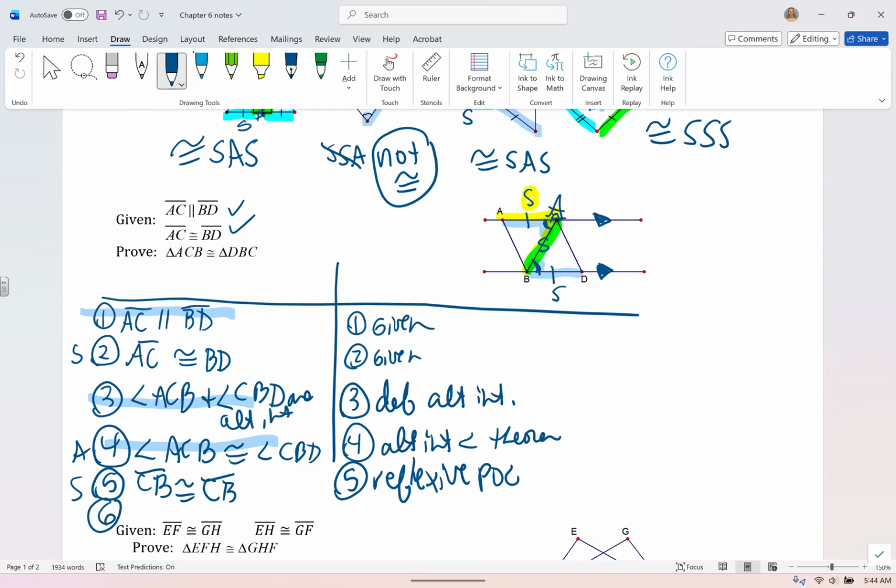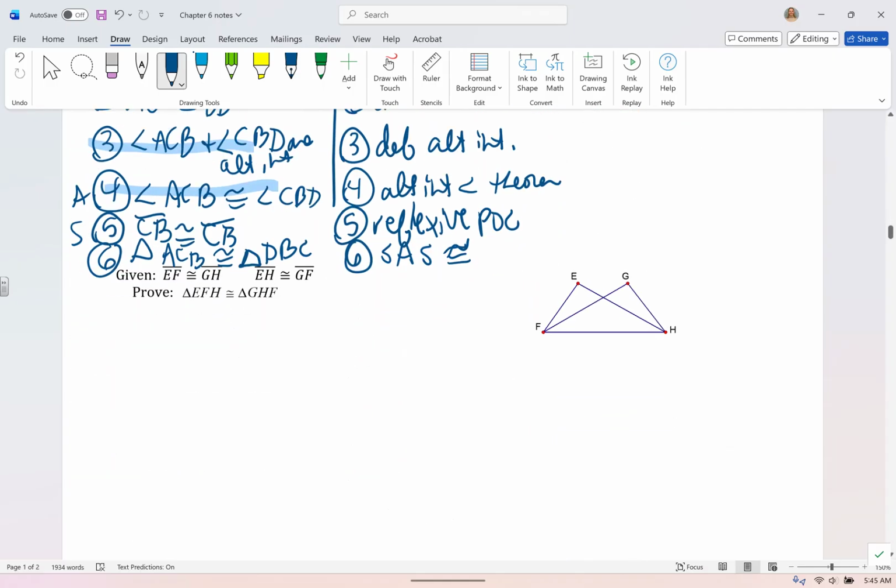We know a side and an angle in between it and a side match with both triangles. So triangle ACB has to be congruent to triangle DBC. Why? Side angle side congruence. And you can write postulate or theorem as you remember them. You don't have to. You can technically write side angle side and then congruence. And then we've got it.